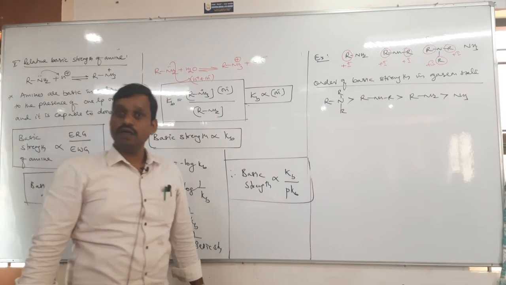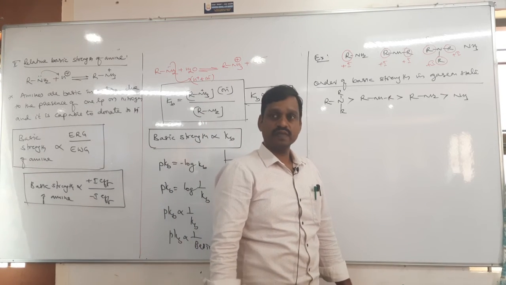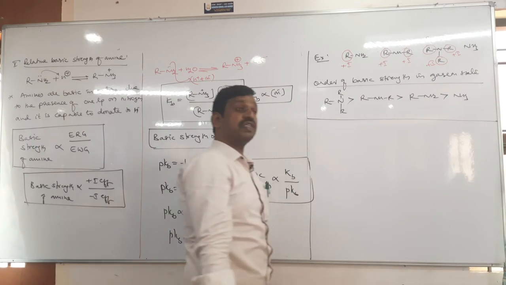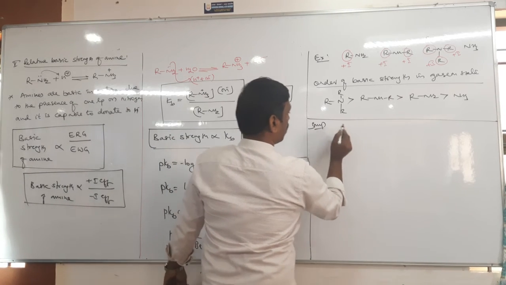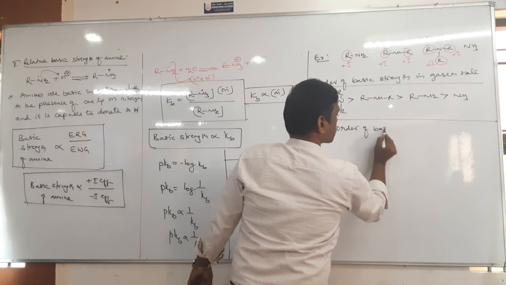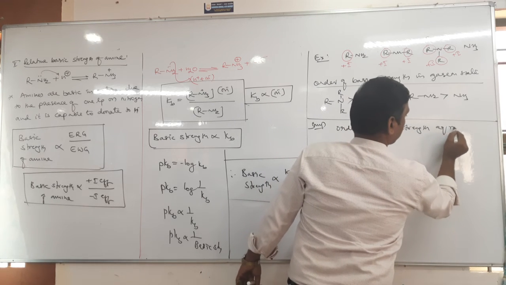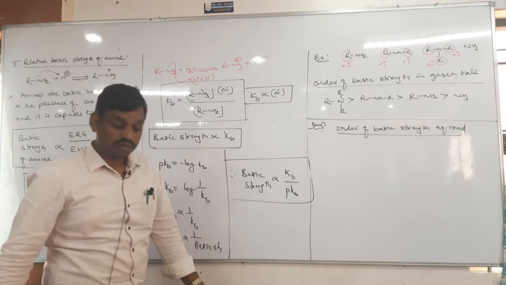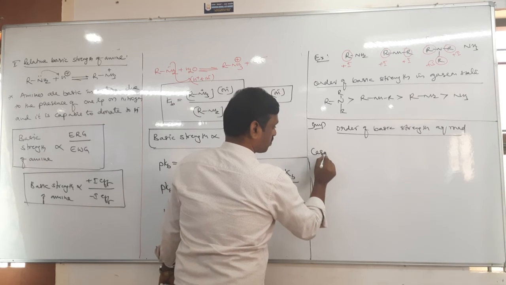But in fact, the majority of amine reactions take place in aqueous medium. So when the reaction takes place in aqueous medium, we need to compare basic strength in aqueous medium. Therefore this is the important one: the order of basic strength in aqueous medium, in water. In water again there are two cases.